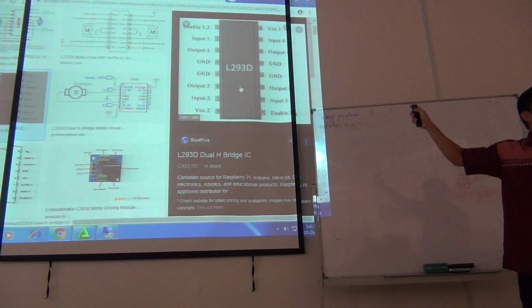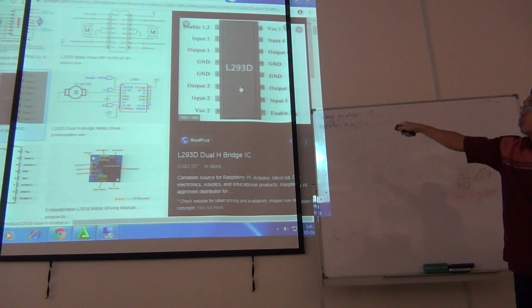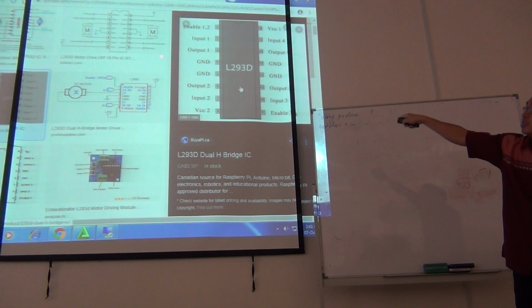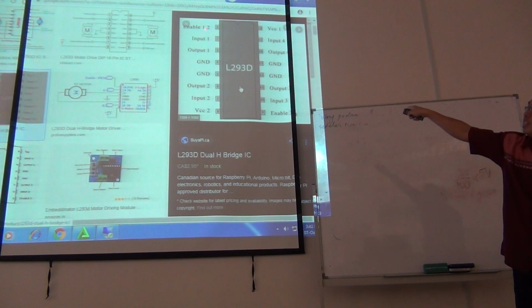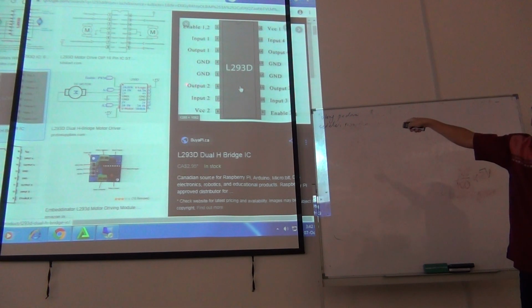Your motor must be connected to output 1 and output 2 here. This is your motor. And you're going to use this pin to connect to the CCP pin. This will give you the PWM, and the motor will rotate accordingly to the PWM over here.